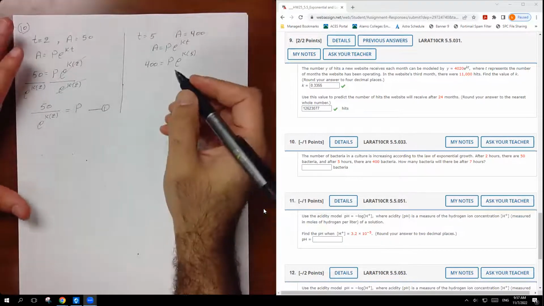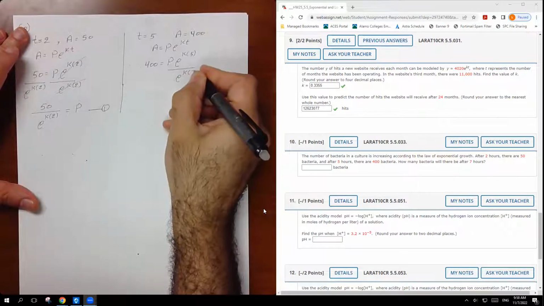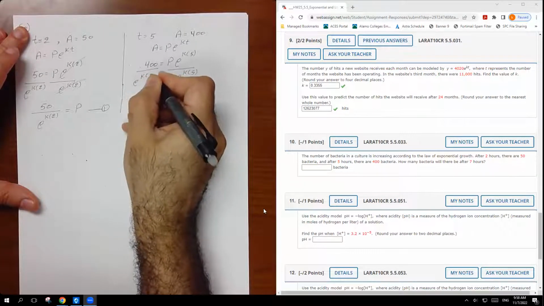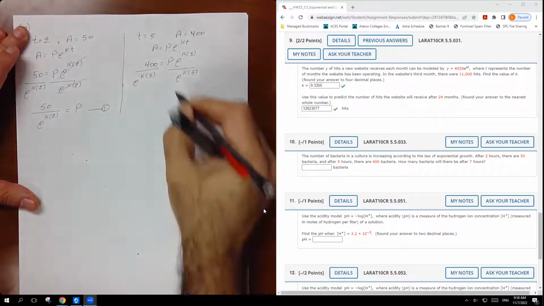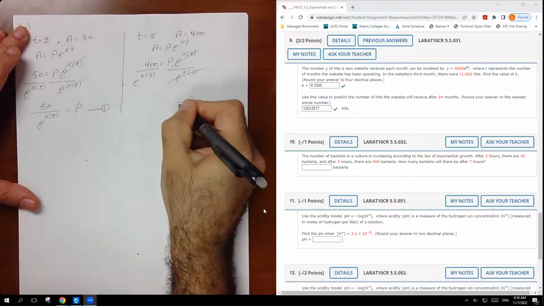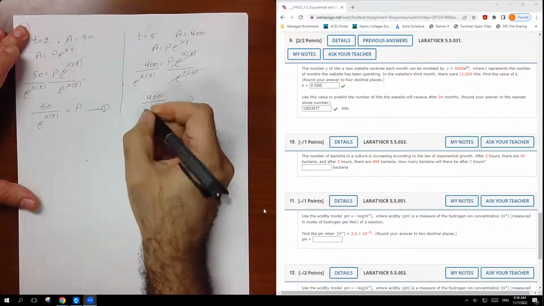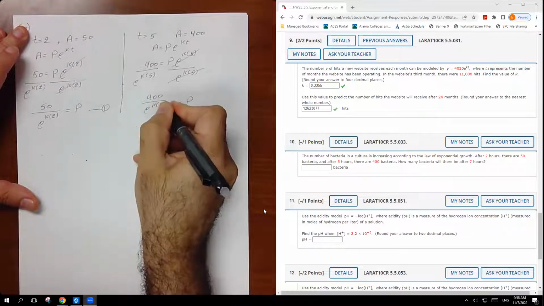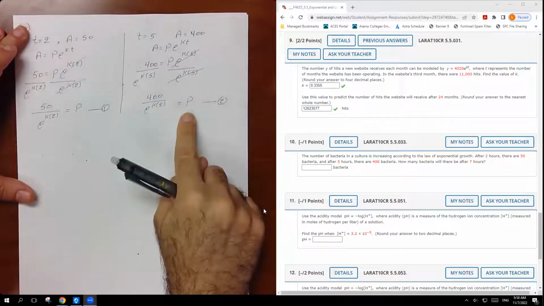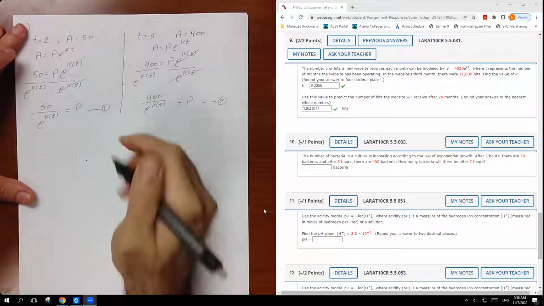We're going to divide both sides by e^(k·5), and here by e^(k·5). So we're going to cancel these. That means P is going to be equal to 400 over e^(k·5). This is the second equation. That means my initial equals 400 divided by e^(k·5).